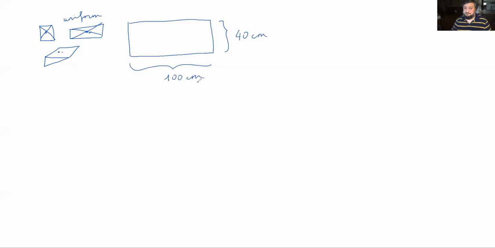Then you're using this piece of wood for a project, and the project requires that you cut off a corner, or let's say a quarter. This is the middle, so you want to take this piece out. Just cut it.